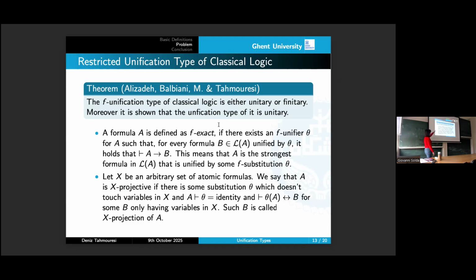With these two main ideas, we can prove that the unification type of classical logic is unitary.